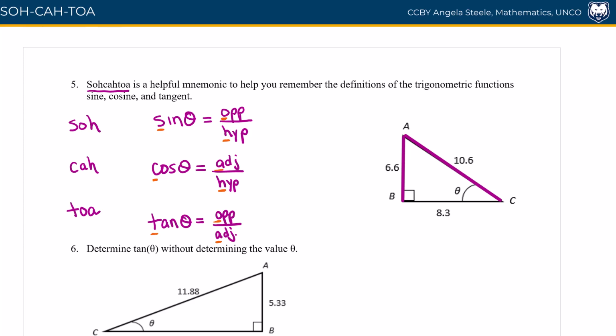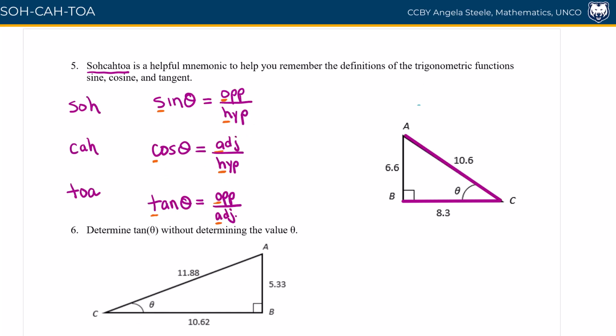Sine of theta equals opposite of 6.6 divided by our hypotenuse of 10.6. Very similar to applying that cosine, that the horizontal distance in problem 4 was 8.3. We now know that to be the adjacent side of our triangle, and so we still get the same solution. So adjacent of 8.3 divided by our hypotenuse.